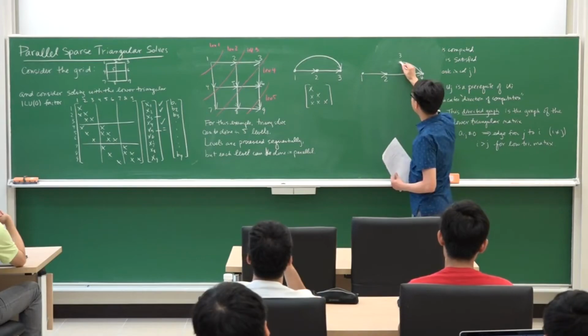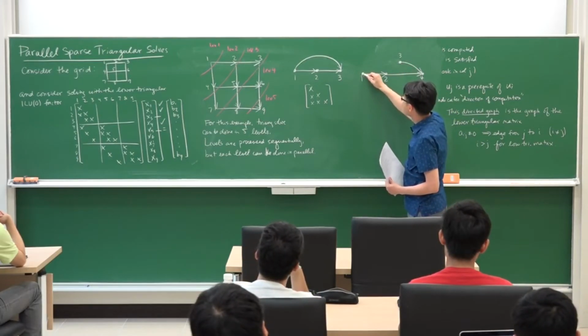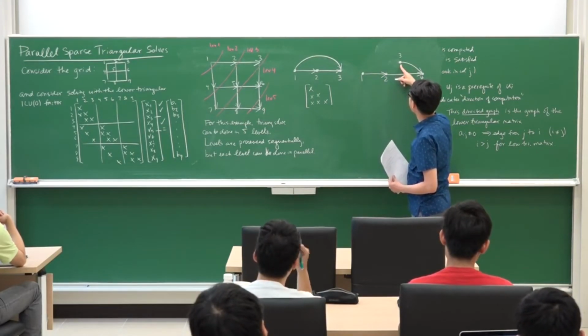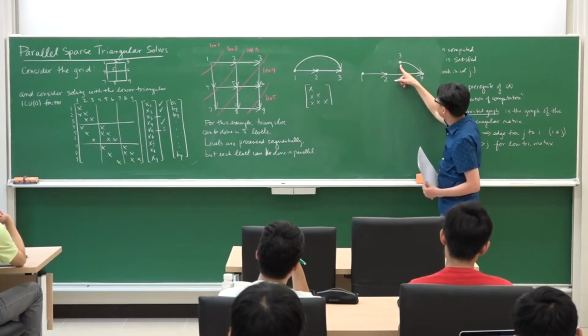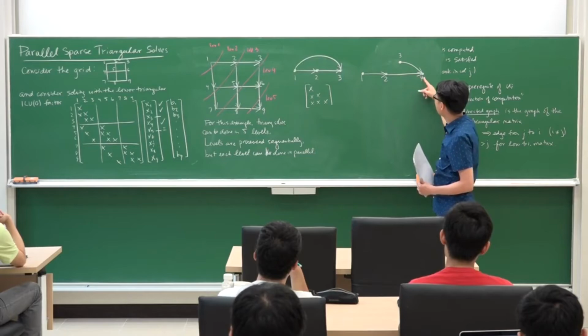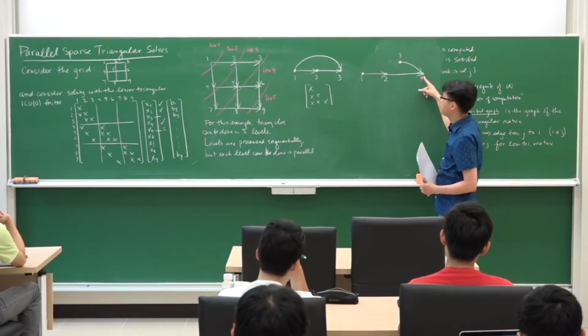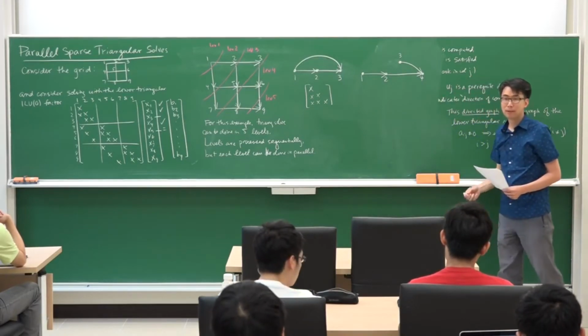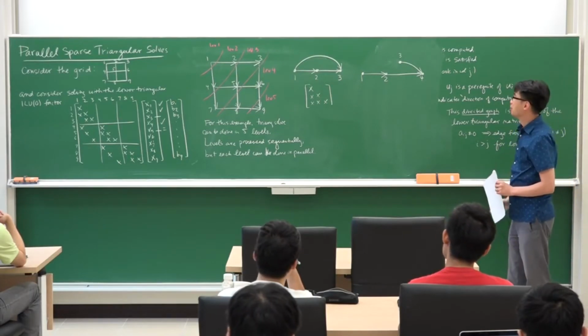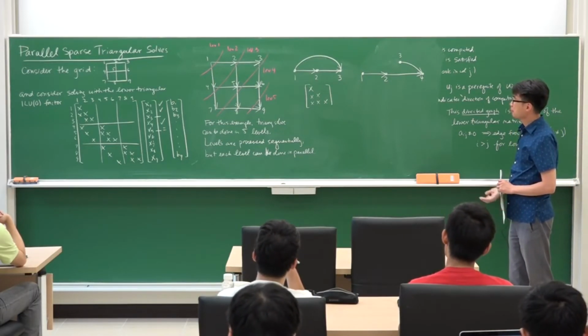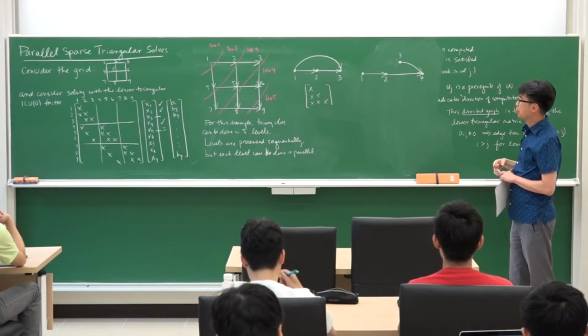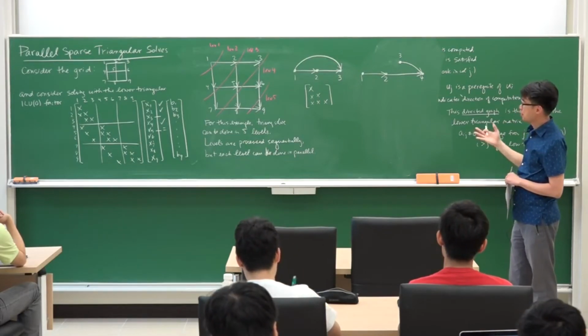We can actually do 2 things in the first step. We can do 1 and we can do 3, right? And then at the next level, we can do 2. We can't do 4 yet because it depends on 2, and then 4 is on the third level. Okay, so that gives you maybe some more intuition behind this concept.